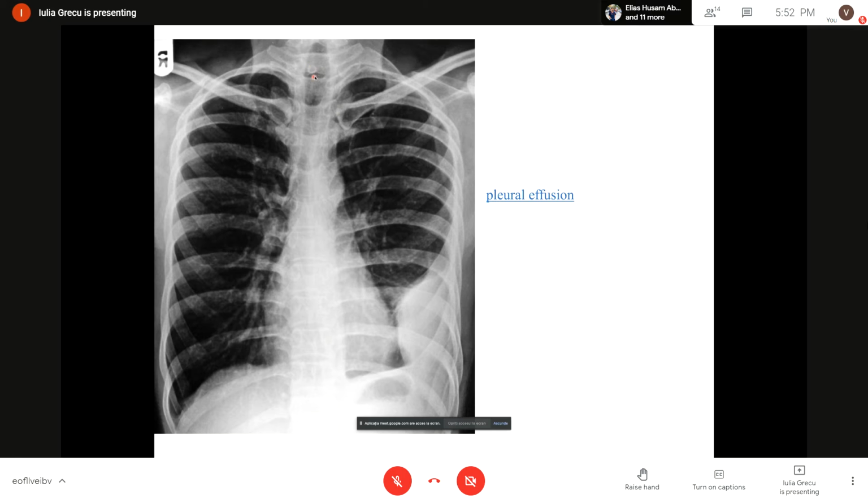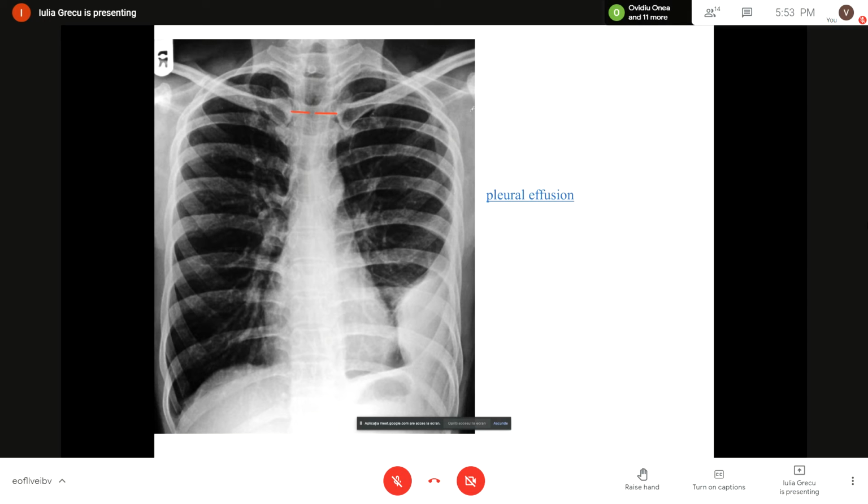So here we have the midline between the spinous processes of the vertebral column, sorry, I'm not quite good at this, and we have a quite equal distance between the medial heads of the clavicle. Okay, is it a good inspiration? Yes, there is no collapse.